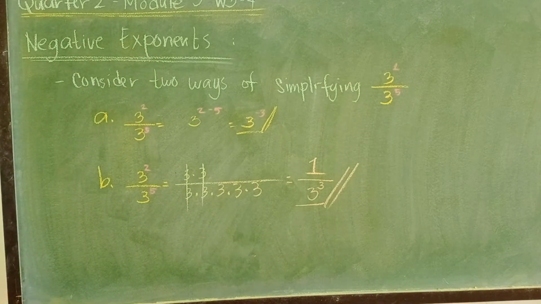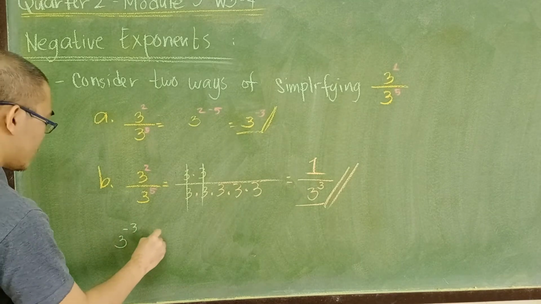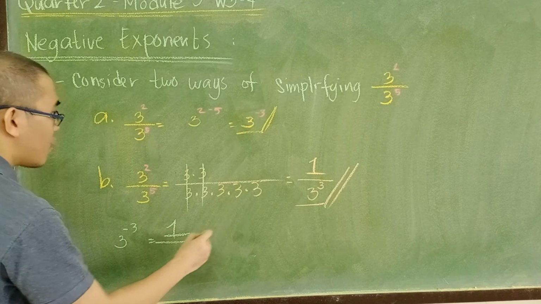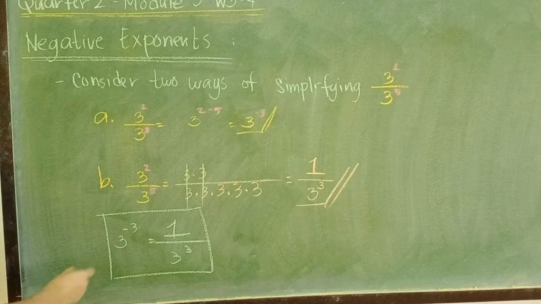So therefore, 3 raised to negative 3 is equal to 1 over 3 raised to positive 3. Even though, if you notice, their formats are different, one is 3 raised to negative 3 and the other is 1 over 3 raised to positive 3, they have the same value since they came from the same given.